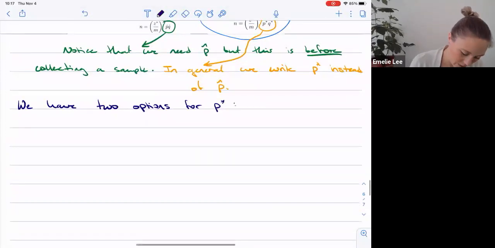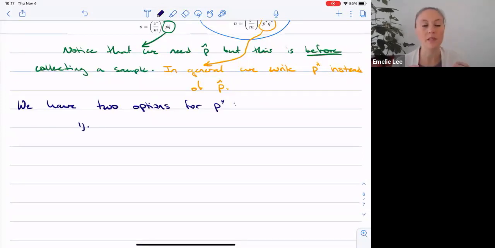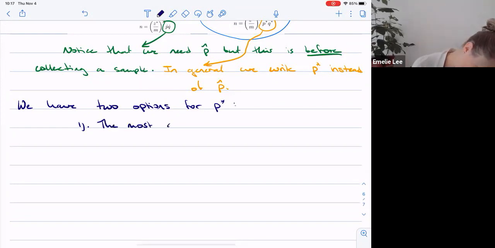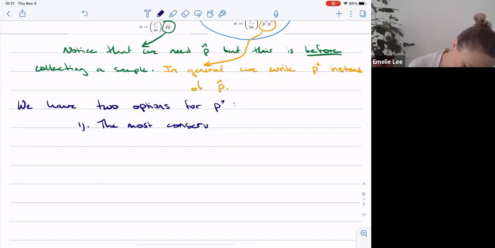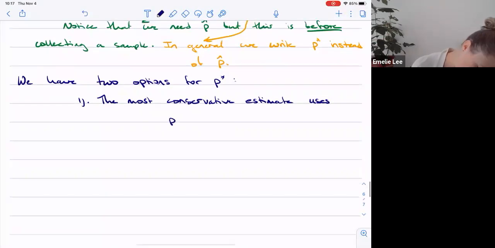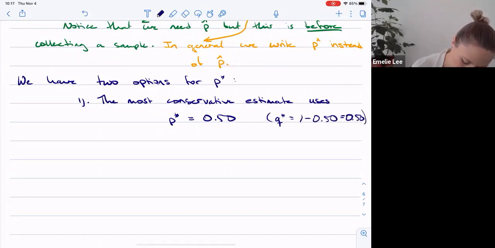Option number one is the most conservative estimate, P star equals 0.5. The most conservative, so basically the largest possible sample size, because you want to be really safe. The most conservative estimate uses P star equal to 0.5, which means that Q star is also 1 minus 0.5, which is 0.5.